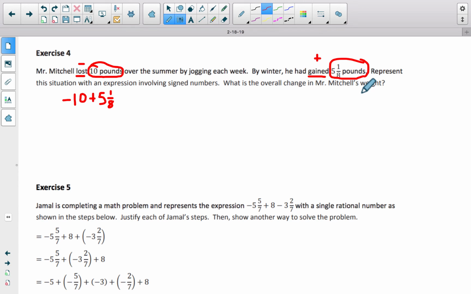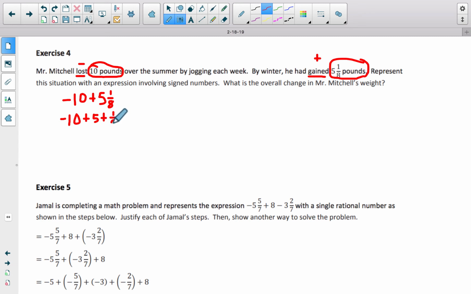Now, I'm going to use the strategy of splitting this up. So watch what I do here. I have -10. And I'm going to split 5 and 1/8 up into 5 plus 1/8. Oops, sorry about that. Make that a little bit smaller.